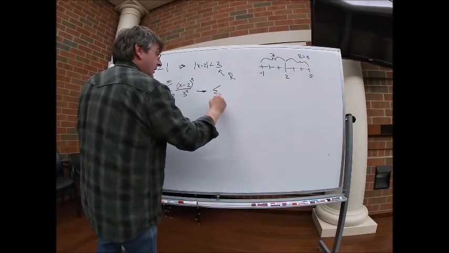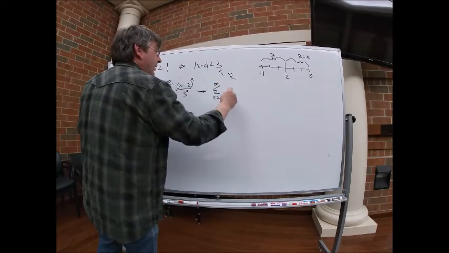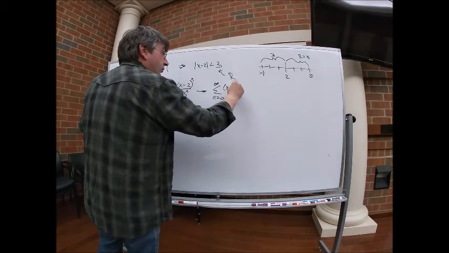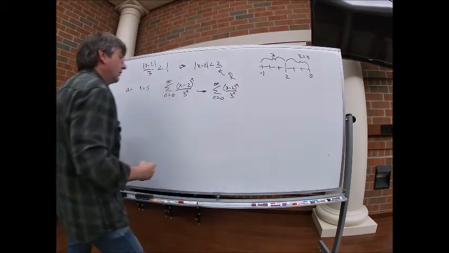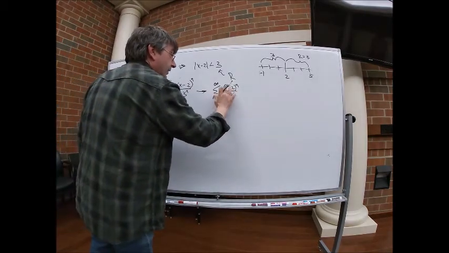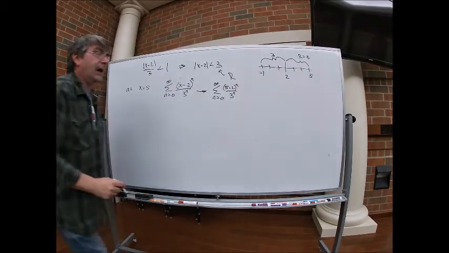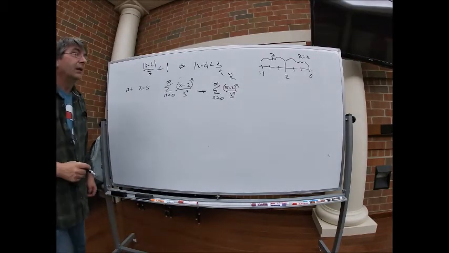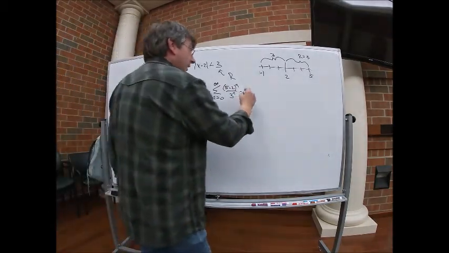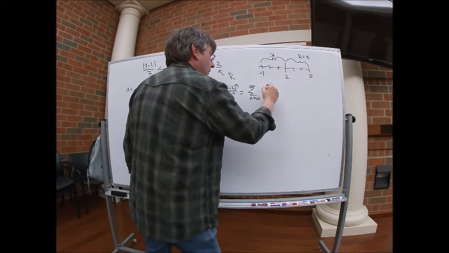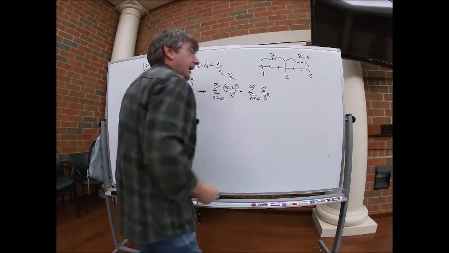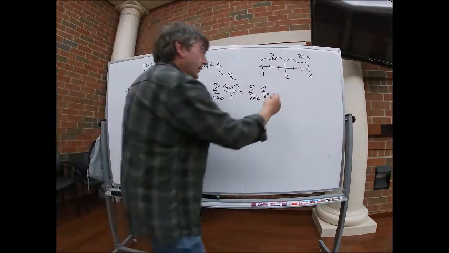No, I'm plugging in 5. Sorry, I jumped the gun there. I did the subtraction already. 5 minus 2 is 3, so we have 3 to the n over 3 to the n, but 3 to the n over 3 to the n is 1.